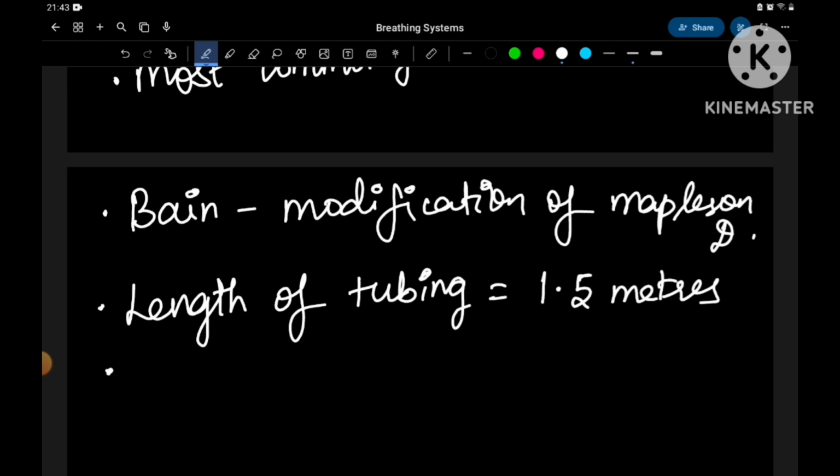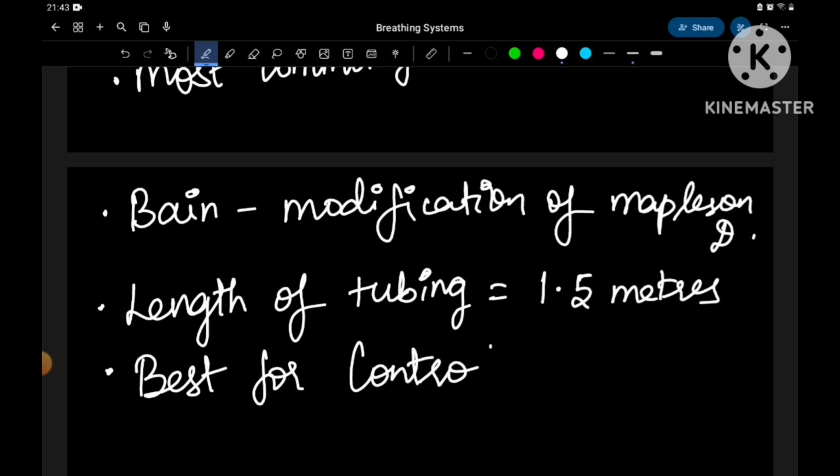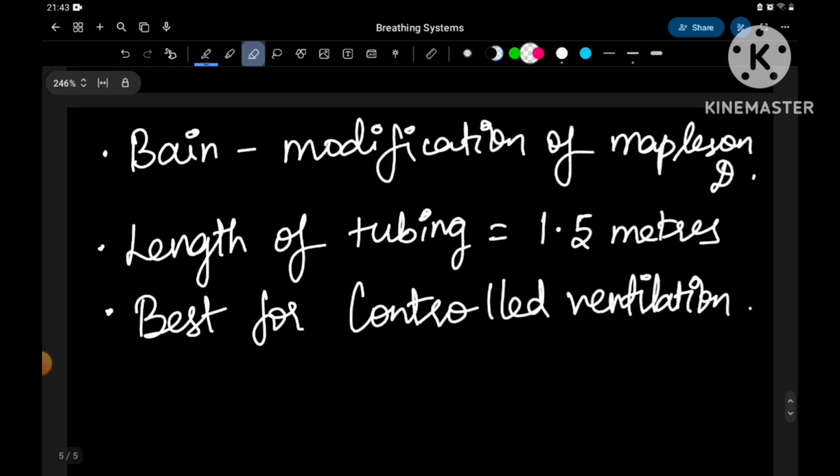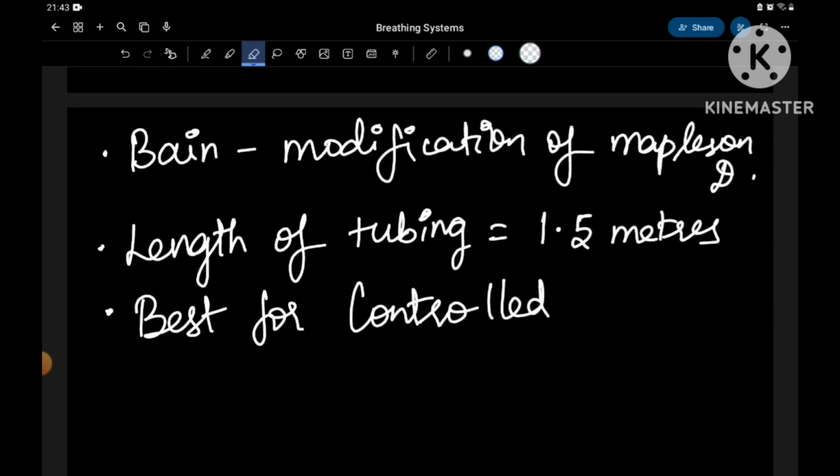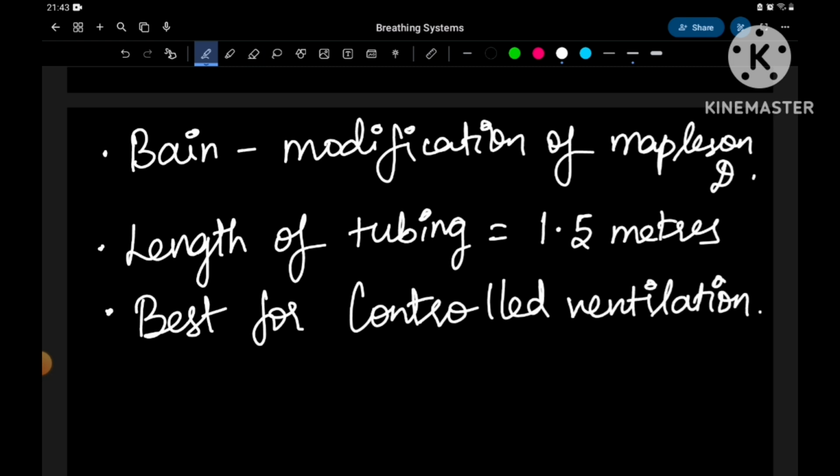And this circuit is best for controlled ventilation. So what we saw as best for spontaneous ventilation, it is type A. What is best for controlled ventilation is type D.